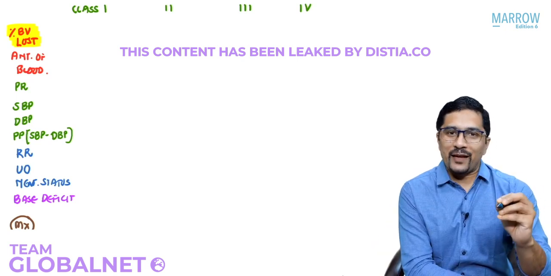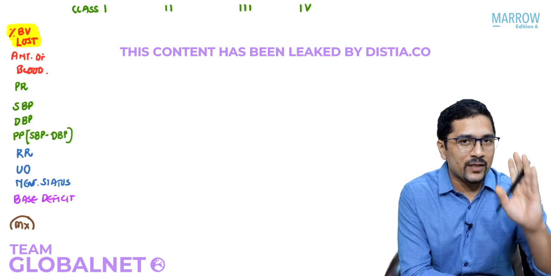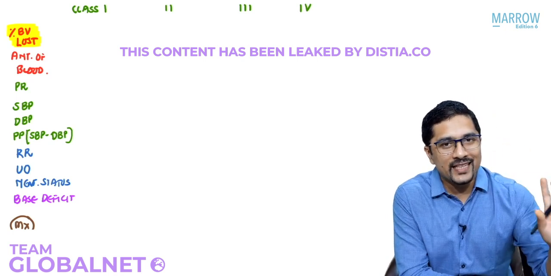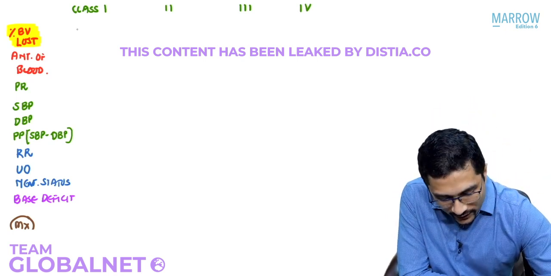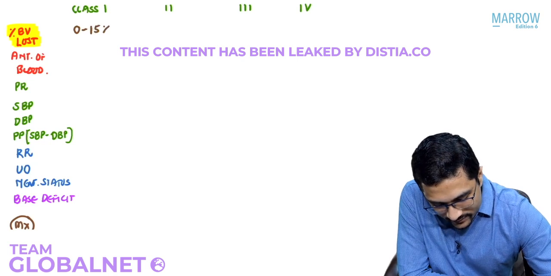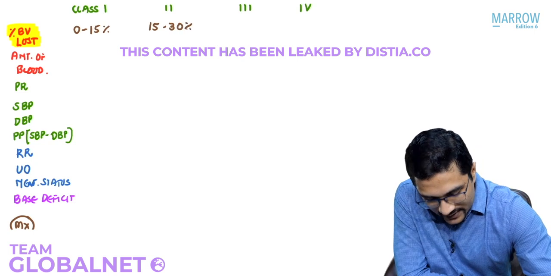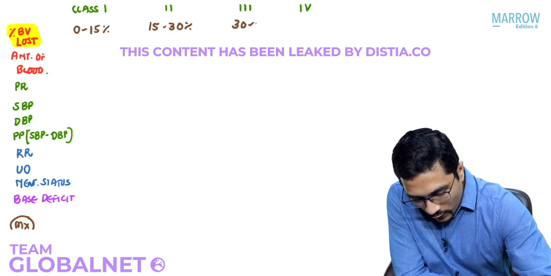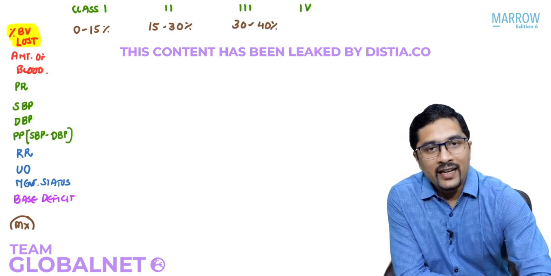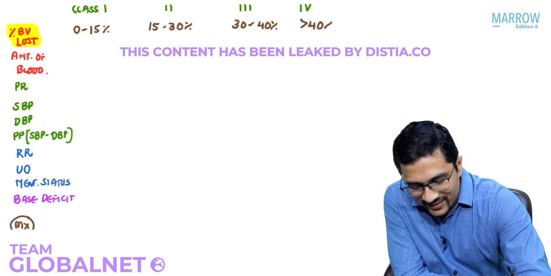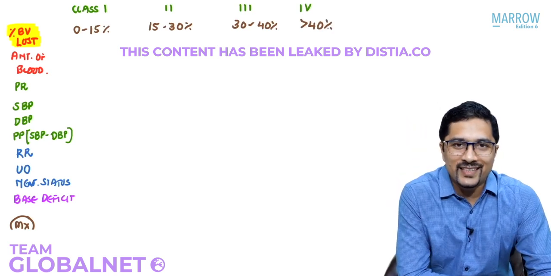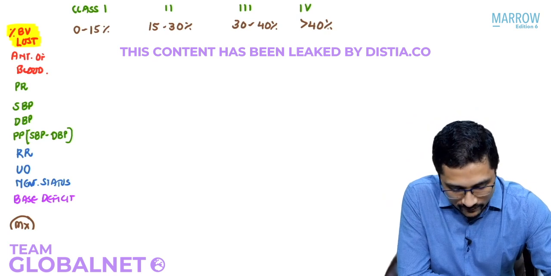So the classes of hypovolemic shock, very easy to remember. Just remember the scoring of a tennis game, right? So you have 0 to 15%, that is class 1, 15 to 30% is class 2, 30 to 40% is class 3, and game over for the patient, that is more than 40%, is class 4. So very easy to remember.